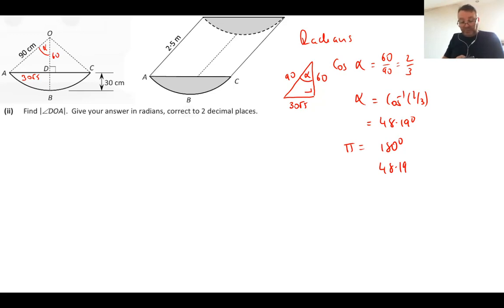So 48.19 multiplied by pi, and then we're going to divide that by 180, and the answer comes out as 0.841 radians, and that's the 48.19 degrees. But don't worry about that yet, we will be looking at radians later on. For the moment, we'll simply deal with degrees.